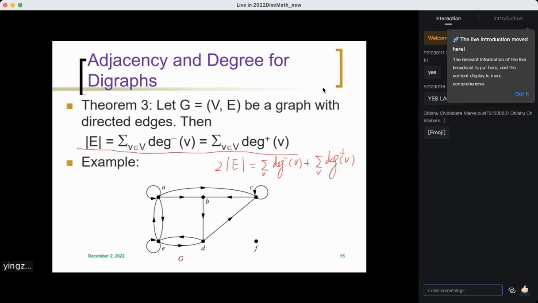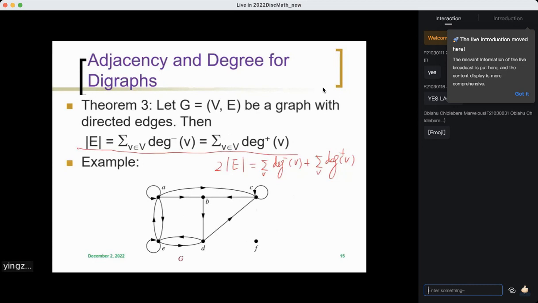Adjacent means that it connects two nodes using an edge. For the undirected graph it is just direct, but the directed graph has an arrow, a direction.